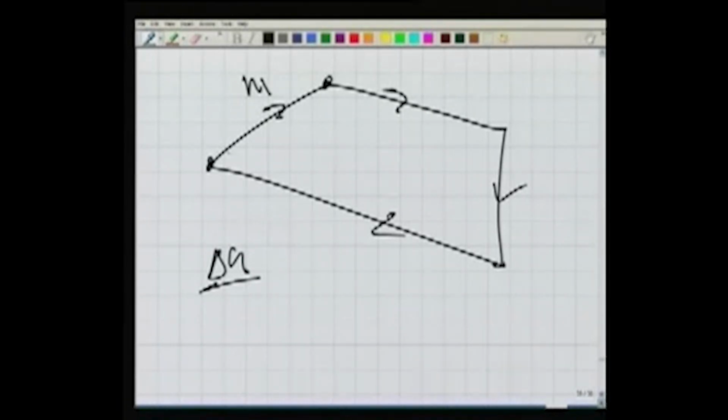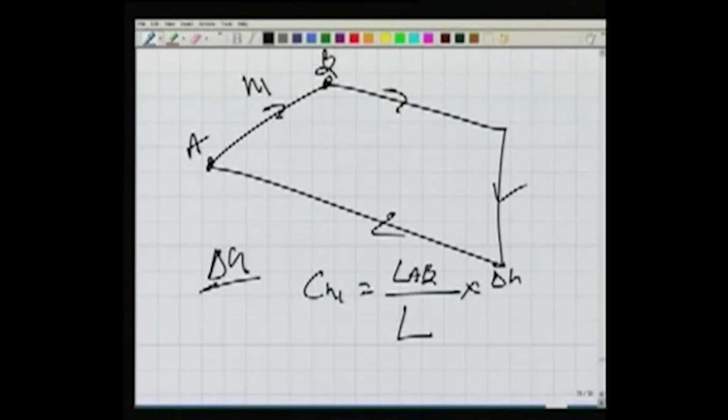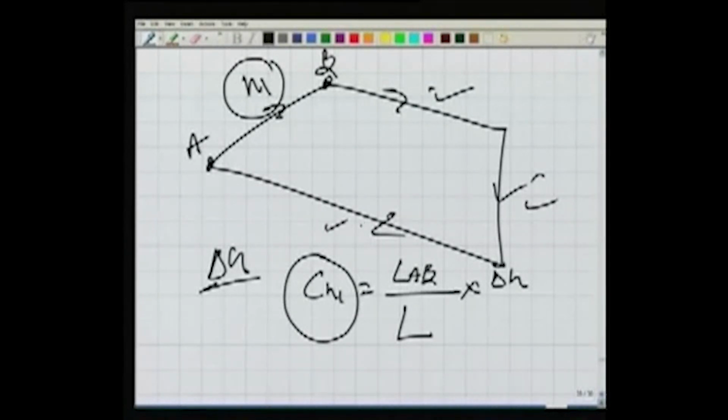So for this A and B link, the correction in H1 will be the length of AB divided by the total length, the entire perimeter here, multiplied by the closing error. So we can find the correction and apply it to H1. Similarly, everywhere, H2, H3, H4. So this total error has now been distributed.